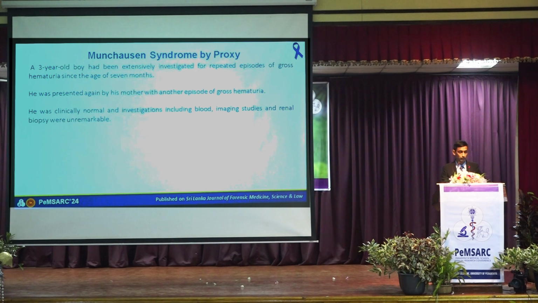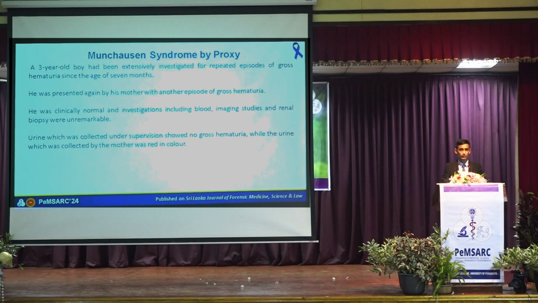It was normal, renal biopsy normal, imaging normal. When the doctors asked for a urine sample, the sample brought by the mother contained blood. When the urine sample was obtained under supervision by the healthcare team, it didn't contain any blood.